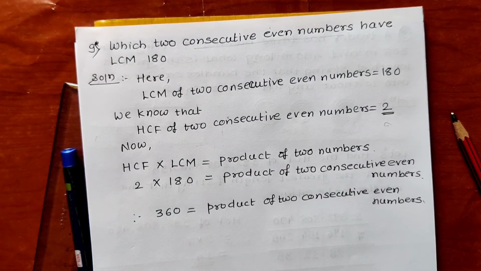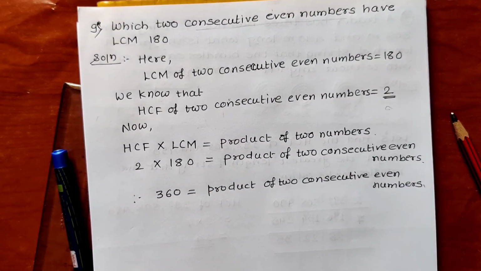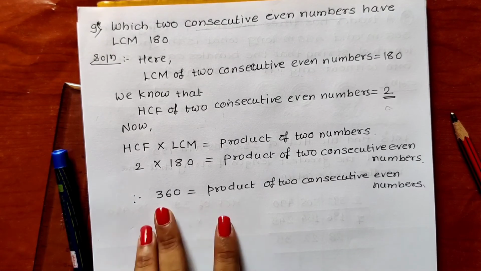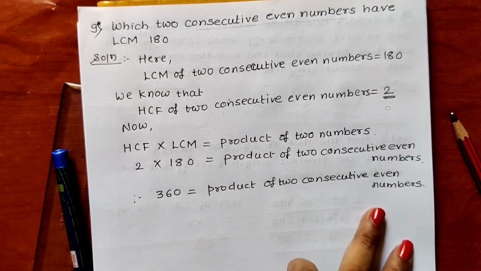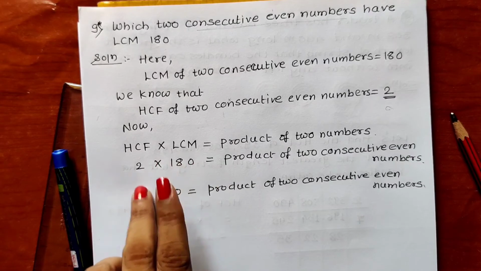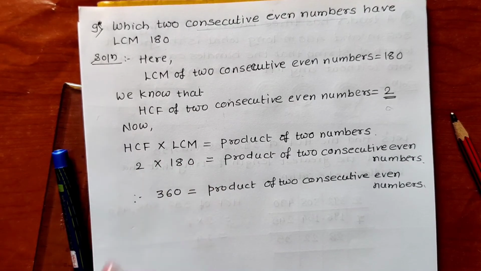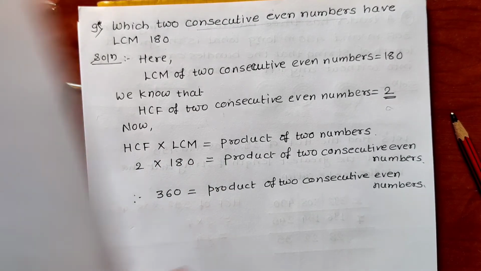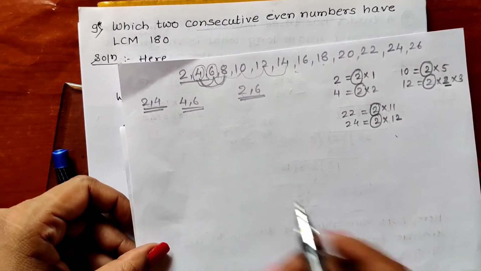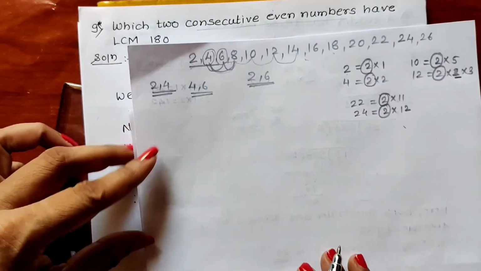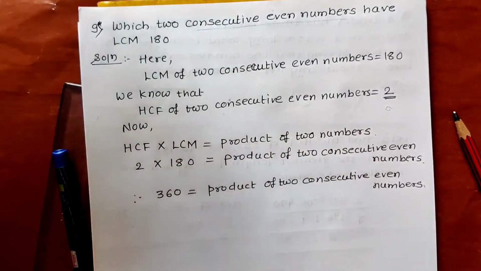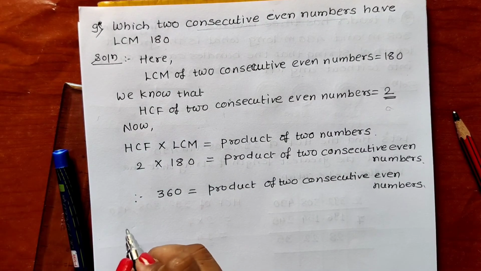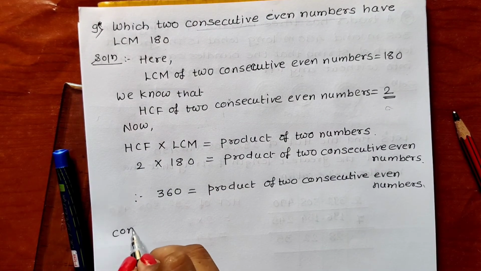Now we have to find out two consecutive even numbers whose product is 360. Now it has become easy to find the two consecutive even numbers because we have got their product, which is 360. So let us find out. Let us once again write the consecutive even numbers.